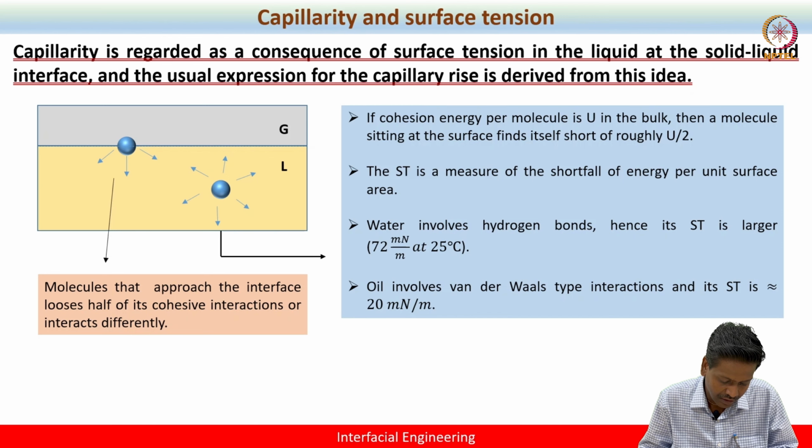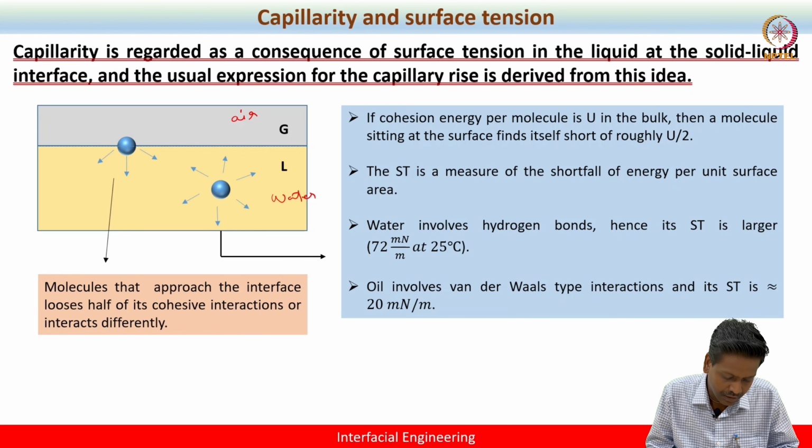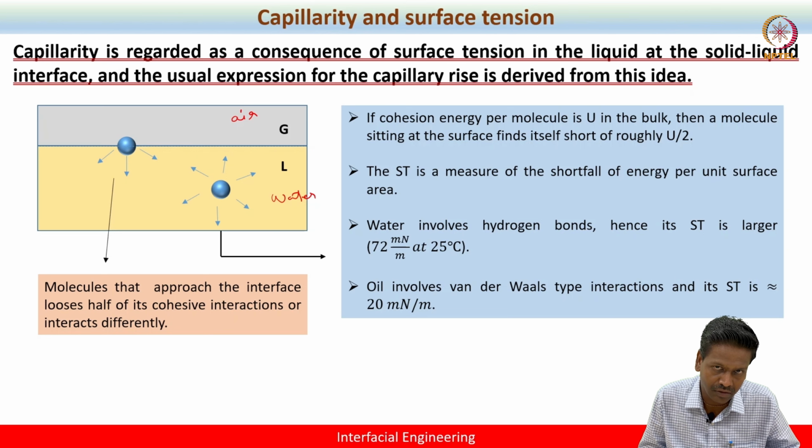One is the subphase, and let's say we talk about water and air in this case, so you create a water-air interface because your surface is water. Part of the molecule is exposed to the water side and the remaining part is exposed to the air side. The part exposed to the air side loses contact with its neighboring molecules, so the interaction in this case is expected to be less than the interaction in the bulk.